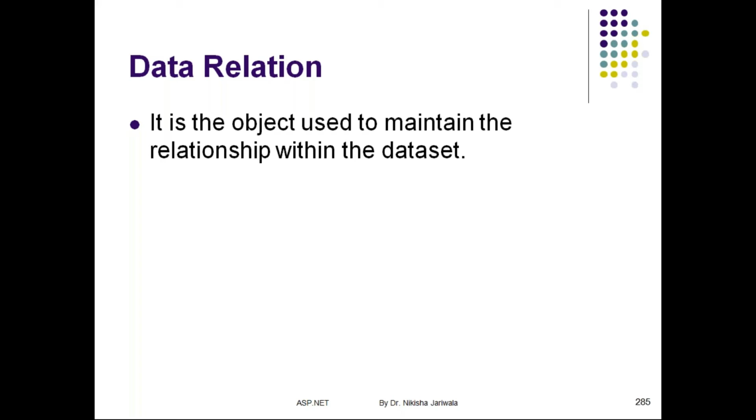Again, I repeat, we can specify the foreign key constraint between the data tables that are present within the dataset. Over here, I'm talking about the dataset and not the database. So if I want to specify the foreign key for the tables present within the dataset, I can use the DataRelation class.